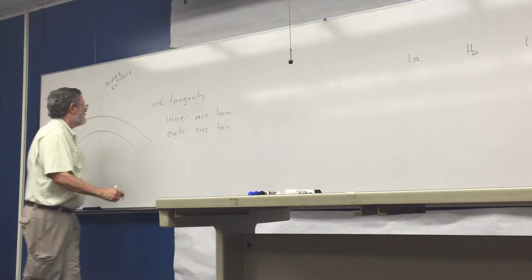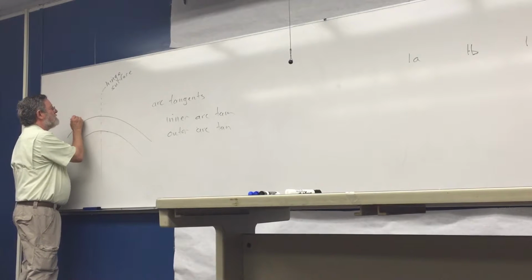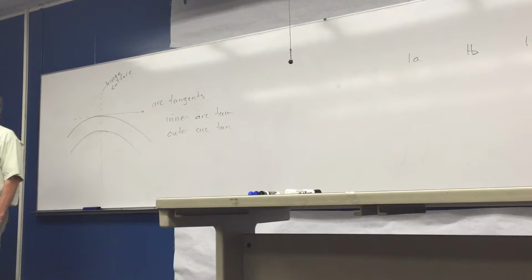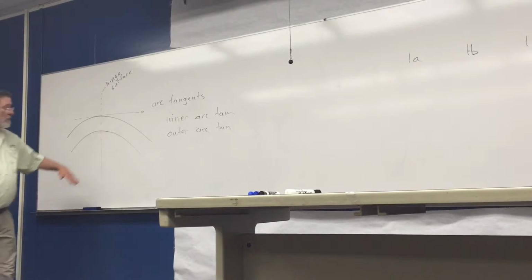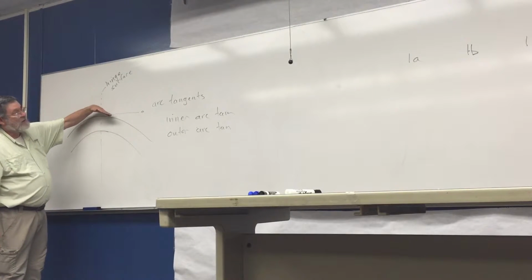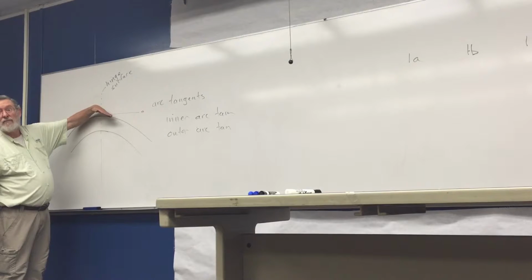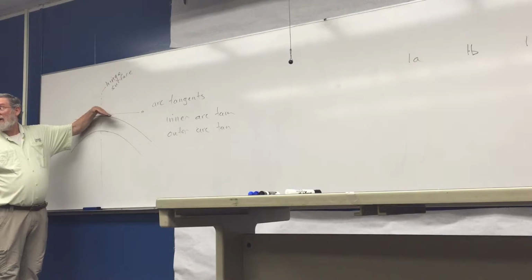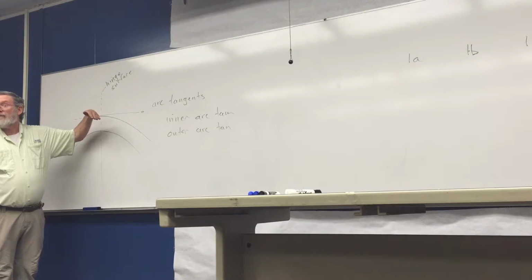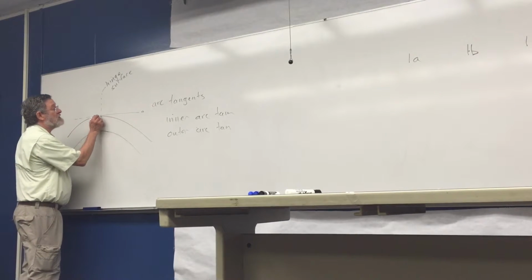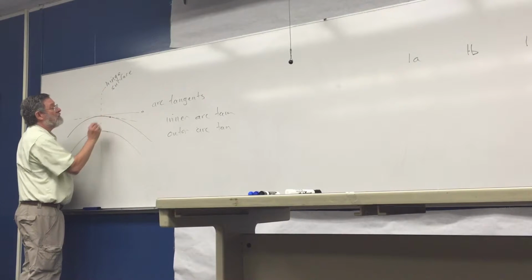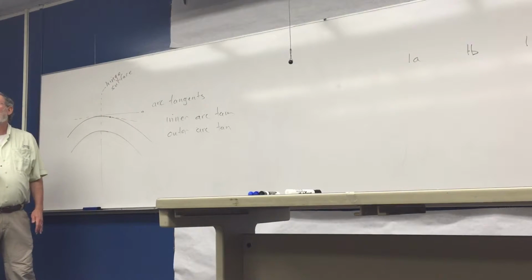Tangent. So now let's imagine that that's a zero line, zero dip. If we take a 10-degree dip, it will touch this arc in one place. So if I have a 10-degree dip line here, it becomes tangent at that point.